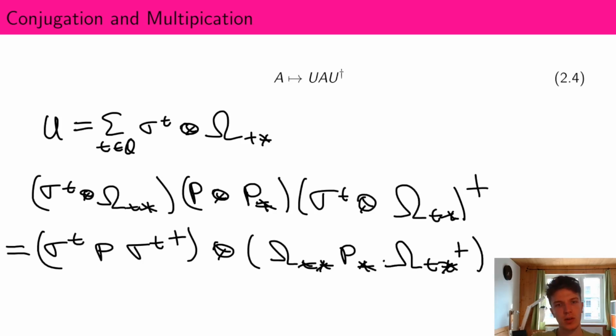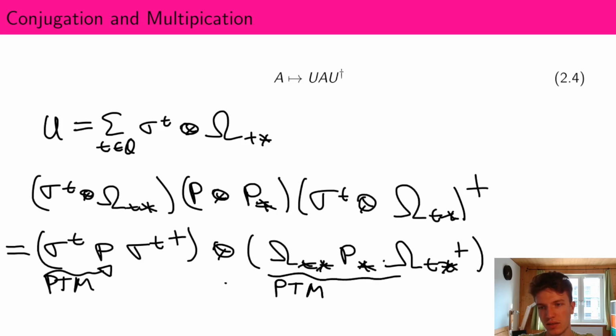And this again defines the recursion where we calculate the Pauli transfer matrix of the individual qubit and of the remainder, and then do the tensor product of the Pauli transfer matrices.